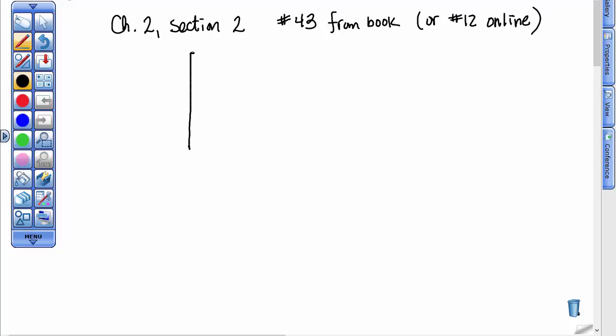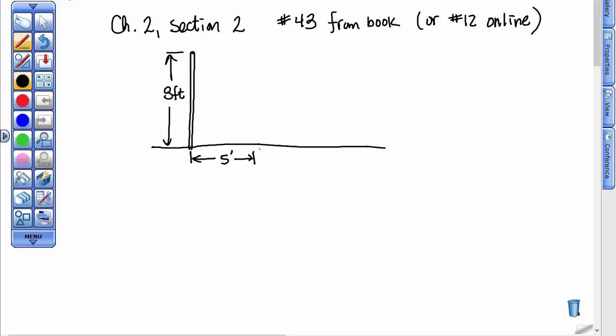So I'm going to draw a reedy looking thing that looks like my version of a bamboo, 8 feet tall, and it says it cracks such that the upper end of which reaches the ground 5 feet from the stem. So when it cracks and falls, the tip of it will be 5 feet away.